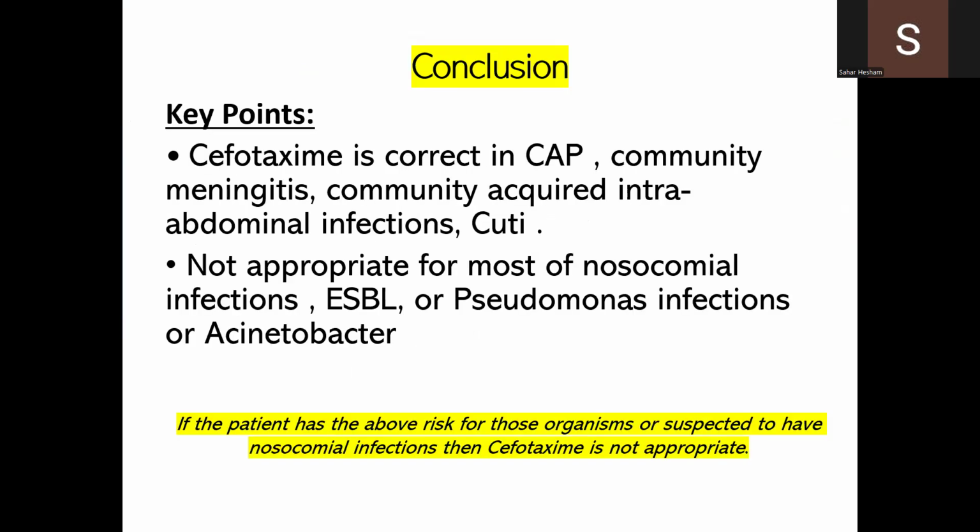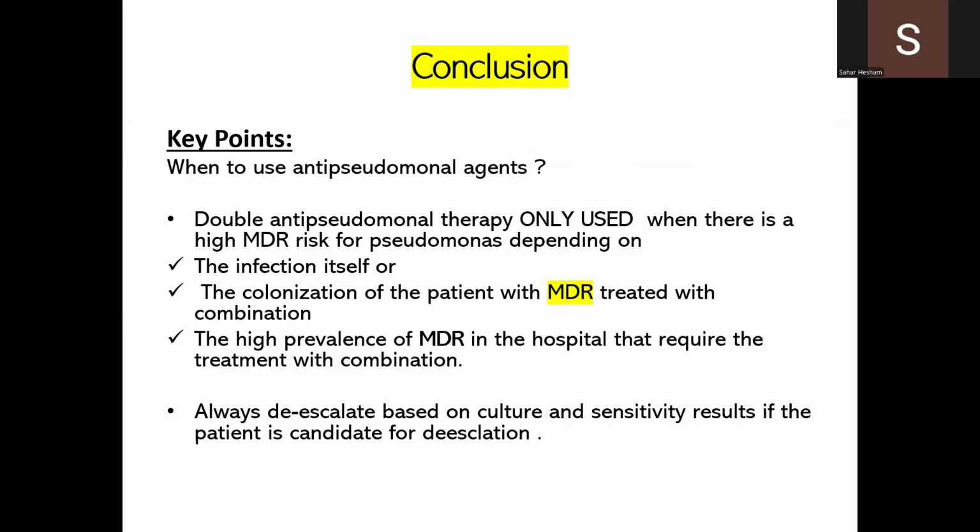For conclusion, cefotaxime is correct for CAP, for community-acquired infection, but not appropriate for ESBL, Pseudomonas, or Acinetobacter. If the patient has any risk factor for these organisms, cefotaxime will not work. Double antipseudomonal agents are used depending on the infection itself, where Pseudomonas is a core pathogen, and the patient also has multidrug-resistant risk factors.